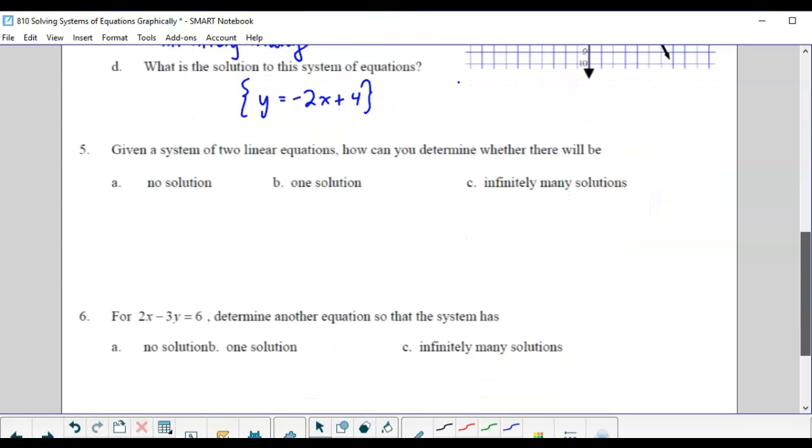Okay, so given a system of two linear equations, how can you determine whether there will be no solution, one solution, or infinitely many? Basically, for no solutions and infinitely many, they have to be parallel, so the same slope.